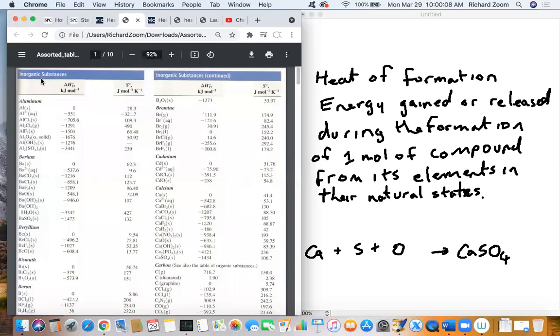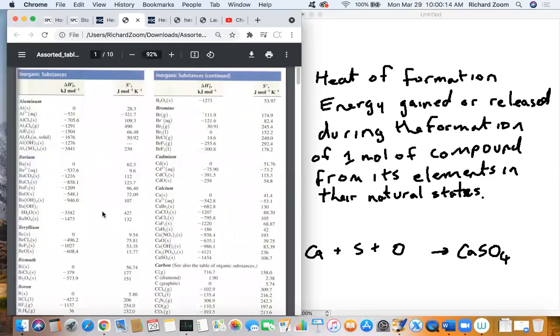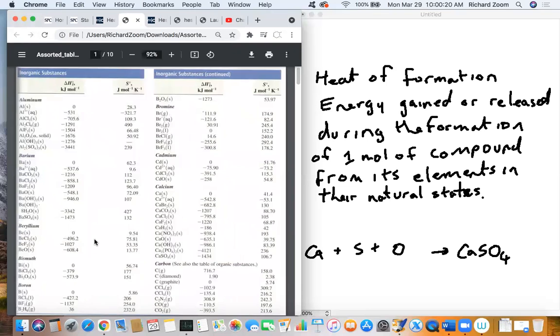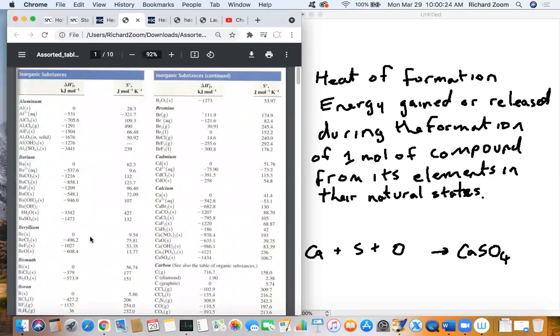So you'll notice that these are all heats of formation for all of these different compounds, right? This is what we're trying to find. What you'll notice, though, is that certain heats of formation here are 0, and the reason is because those are elements in their natural state. So you can look at this table, and anything that has a 0 next to it is that element in its natural state.